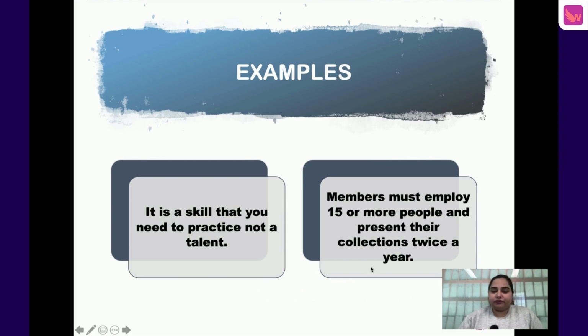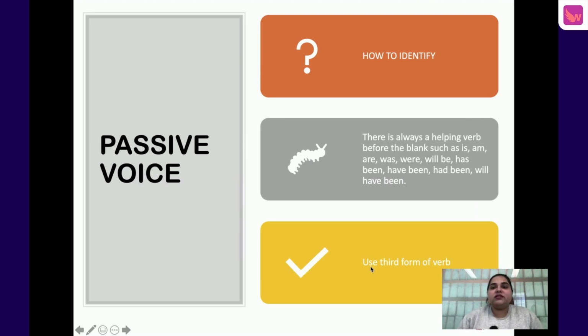All right. Then passive voice, it says how to identify a passive voice. There is always a helping verb before the blank, such as is, am, are, was, were, will be, have been, has been, will have been. And passive voice also means your object comes at the beginning and your subject goes at the end. Whenever this is the case, always use the third form of verb if there is a helping verb and then a blank.